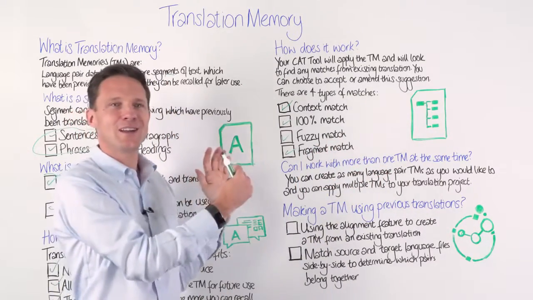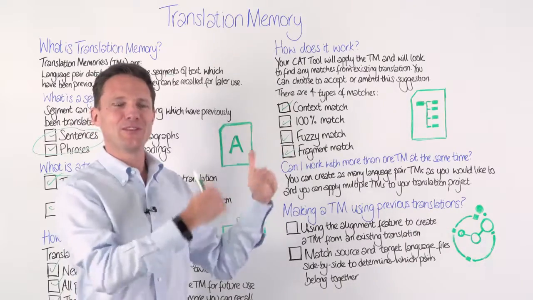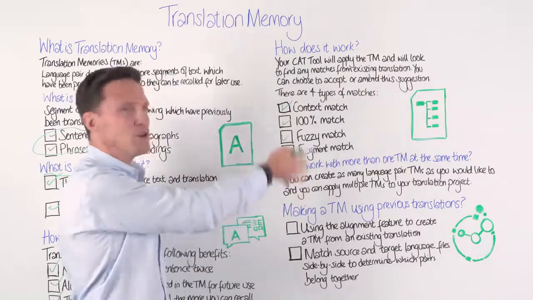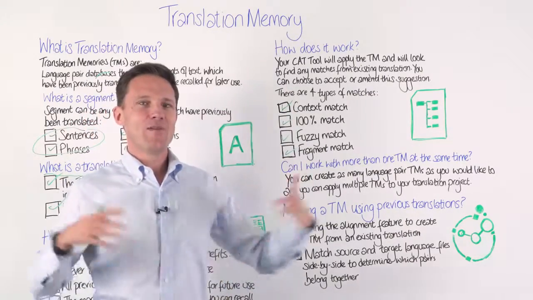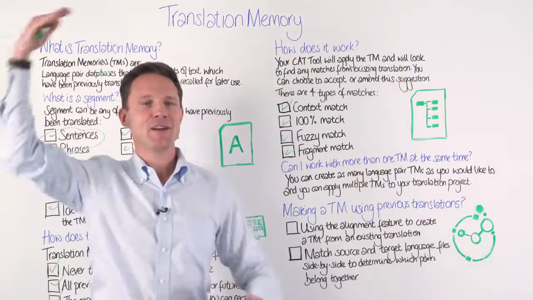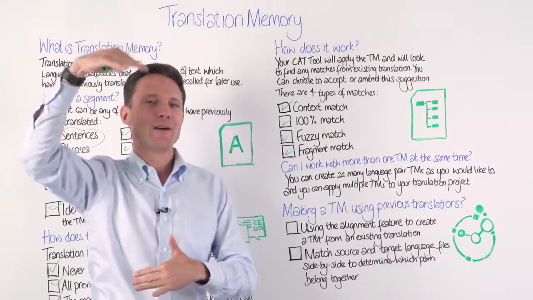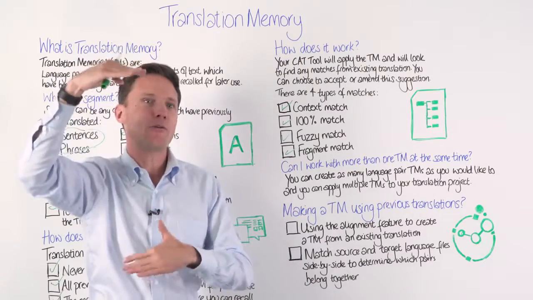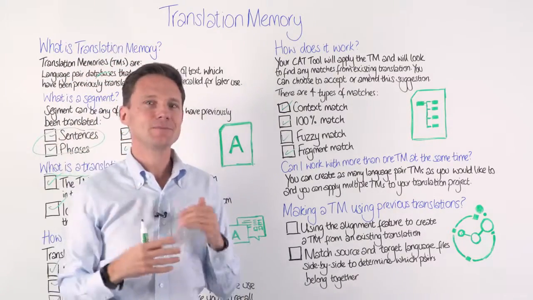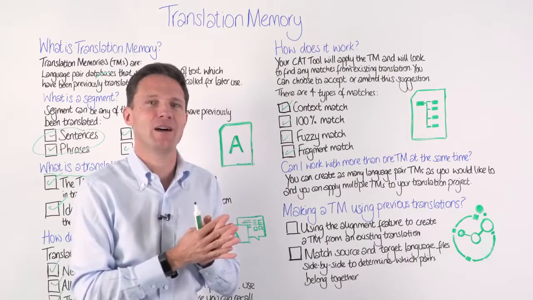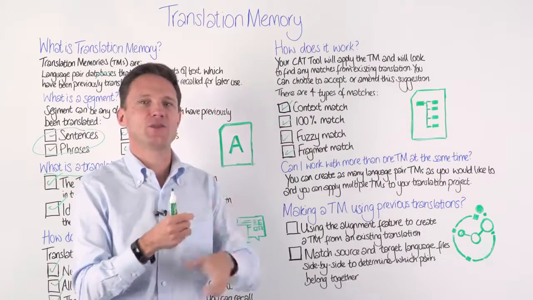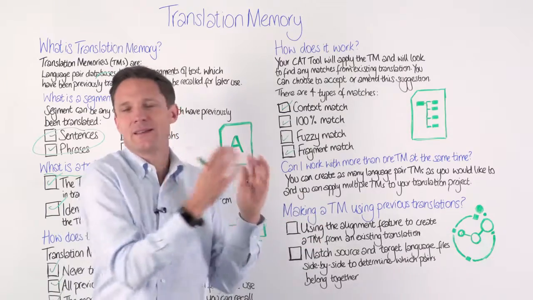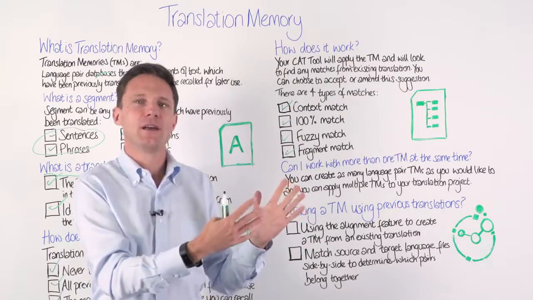When I spoke earlier about the length of the sentences and the paragraphs: the bigger the sentence, if you have a sentence that long with long wordings, getting a match might be a little bit harder. If you have short sentences, it's easier to get a match.